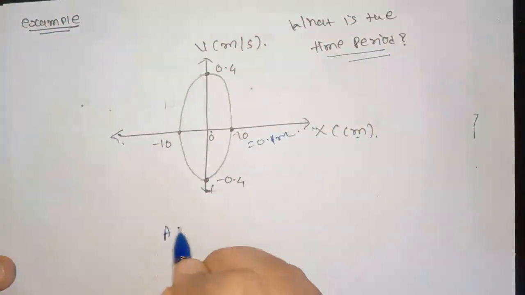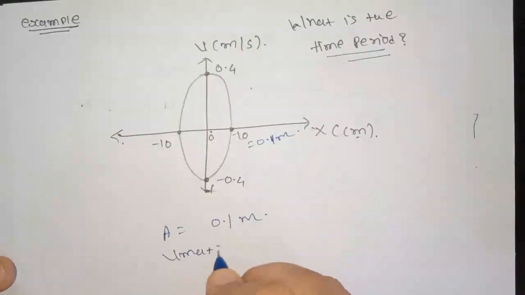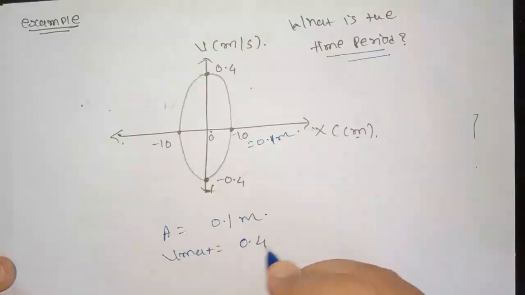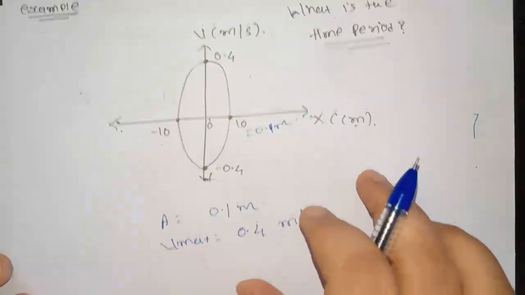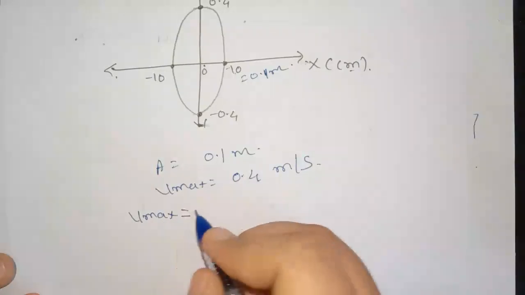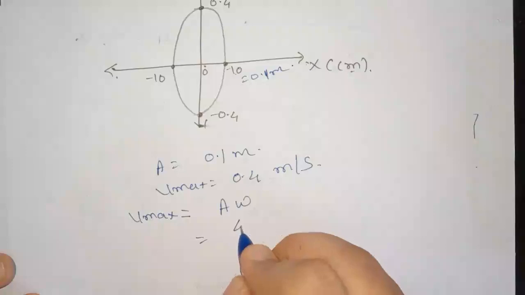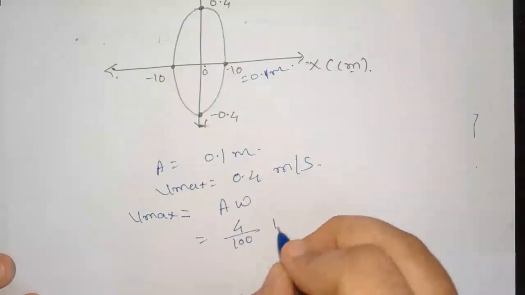So A is equal to 0.1 meter and v max is equal to 0.4 meter per second. But the maximum velocity of a particle performing SHM is given by A omega. So that will be 4 divided by 100 into omega.